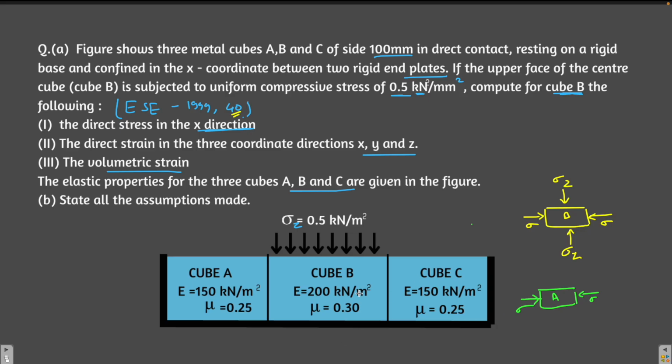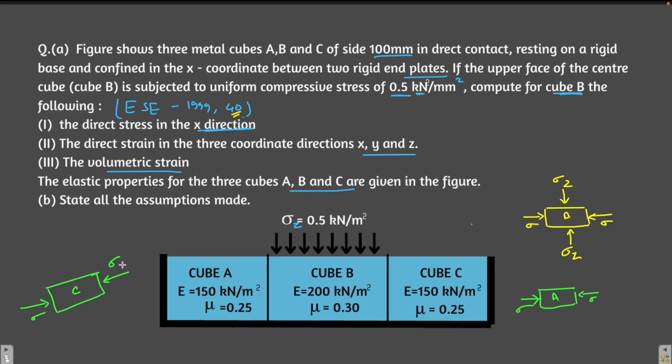Now what about block C? Let me draw block C over here. In block C, you can see sigma is there, and it is compressing block B. So block B will induce a similar reaction just opposite to this. So block C will also experience sigma compression, and due to the rigid wall it will also experience a compressive stress of sigma.